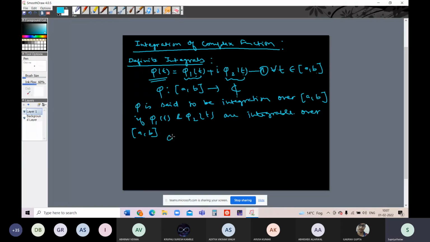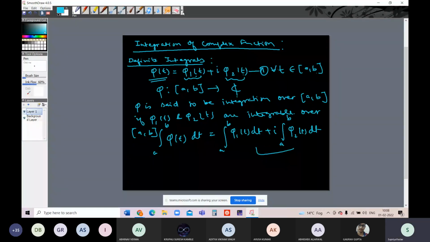So we can write in that case integral a to b phi t dt is equal to integral a to b phi 1 t dt plus iota integral a to b phi 2 t dt. So we can write the integration of this function over this interval a and b.